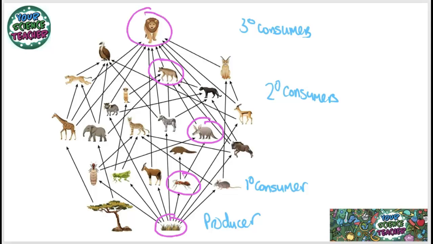Now, we can also call this lion a tertiary consumer, but it'd also be our apex predator. This is a term that we use for organisms that aren't predated on themselves, so they are not prey species.